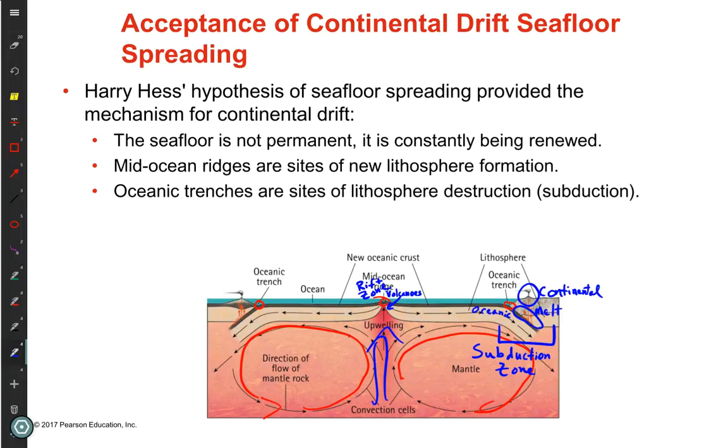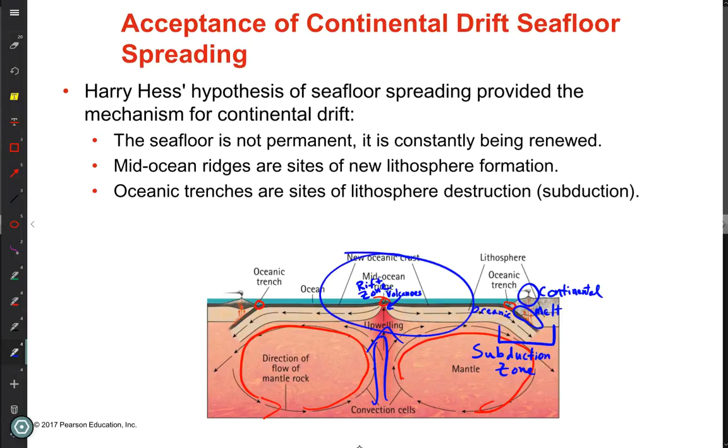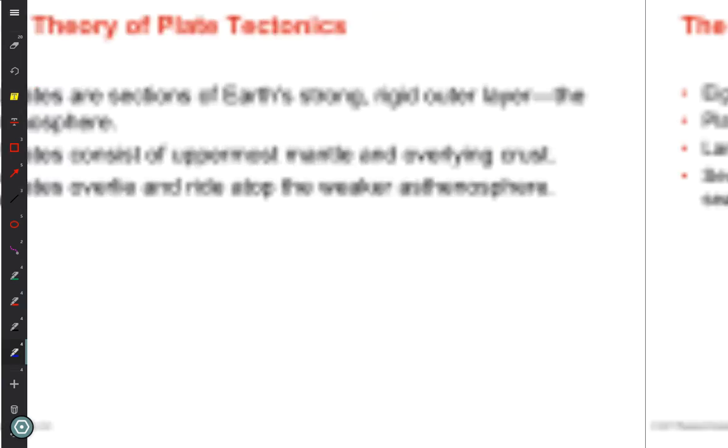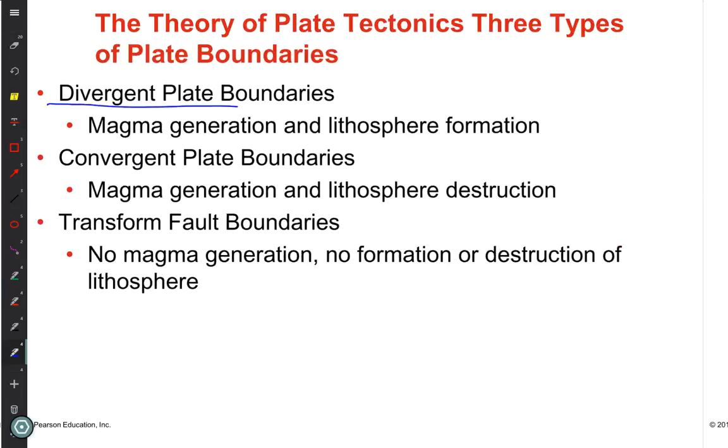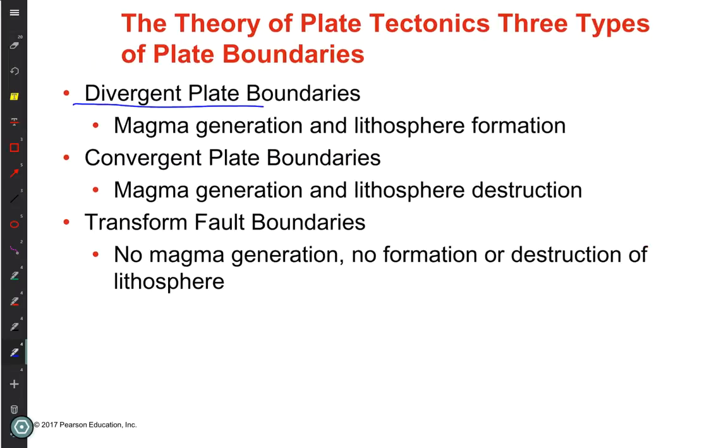On the seafloor, where we have these rift zones. Right, there's where we commonly have divergent boundaries. They're moving apart, so you have a rift forming with magma coming up to make a new ocean floor.